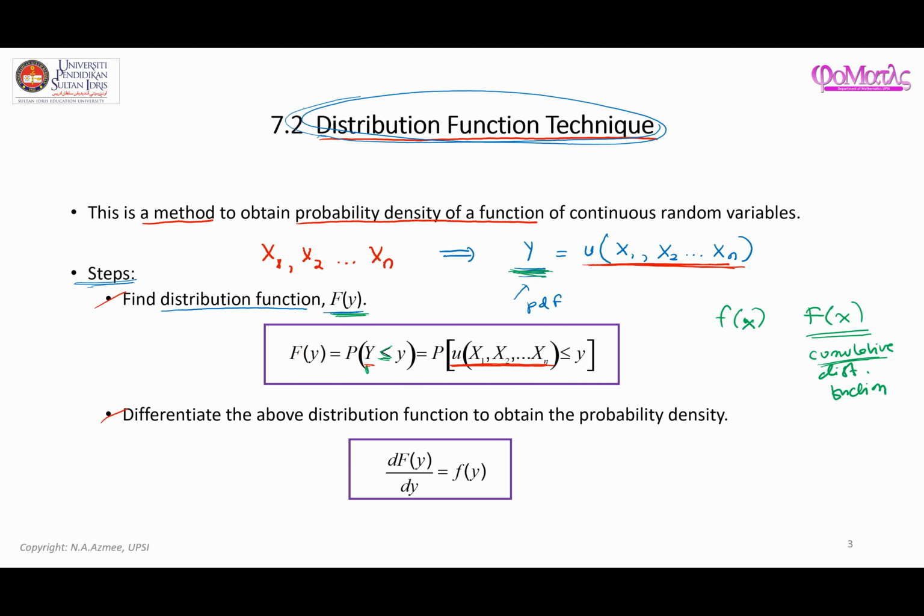Once you have obtained the big F, you differentiate this big F, and you'll get the PDF, the probability density function.